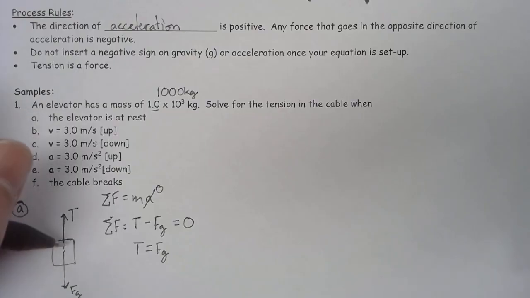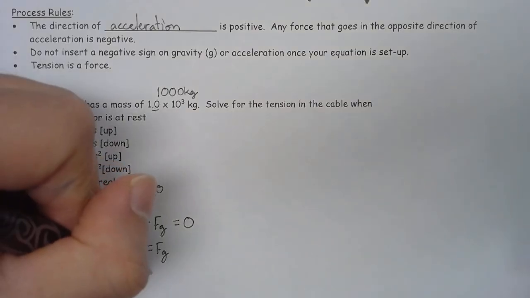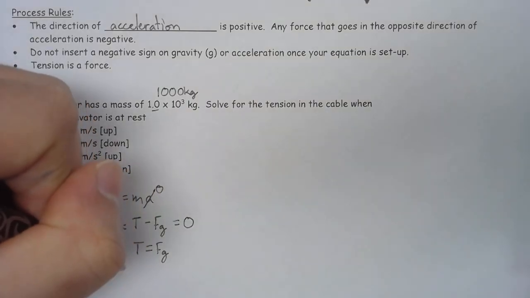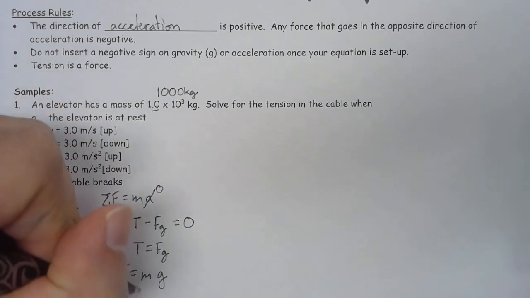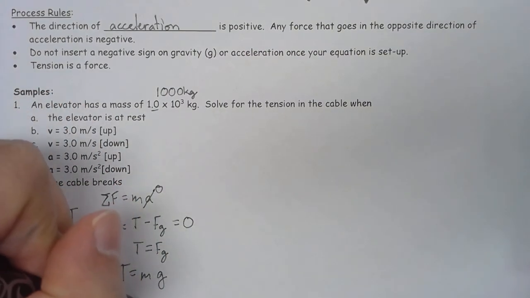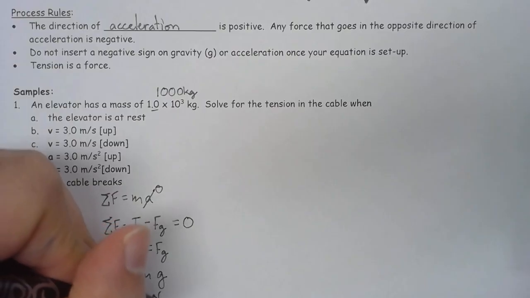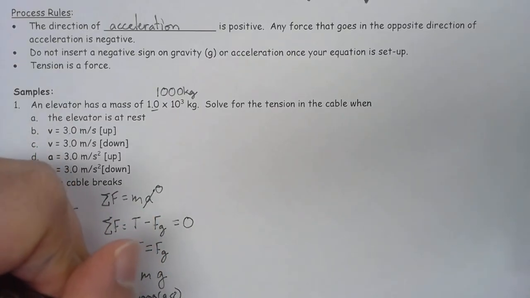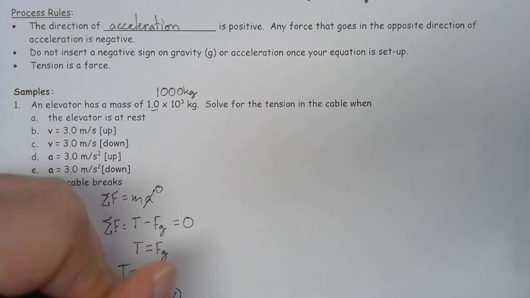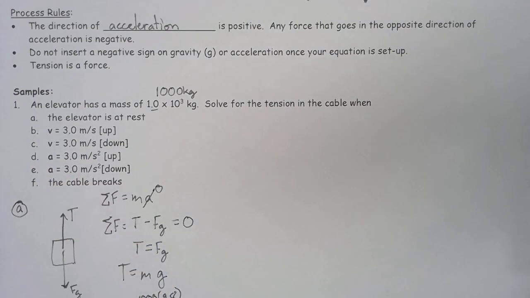That's what keeps it from accelerating up or down. Well, Fg is mg, so it's 1,000 times 9.8, which is 9,800 newtons. So our tension is 9,800 newtons.